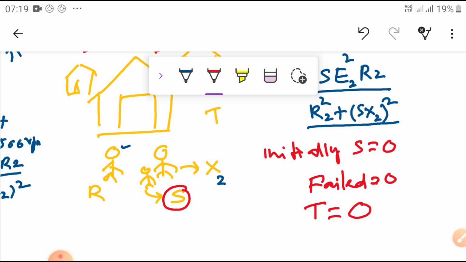Then your mother and father will take a class with you, they will tell you, and you will start realizing it. In the first case, your interest in studies is 0, then you fail.